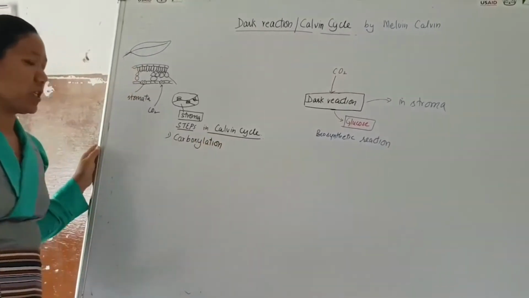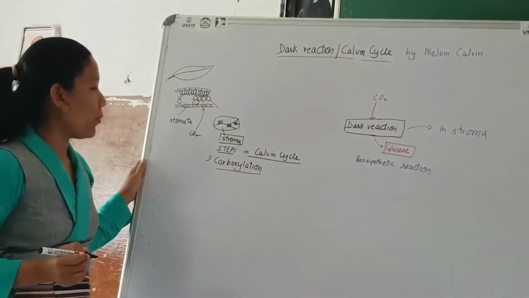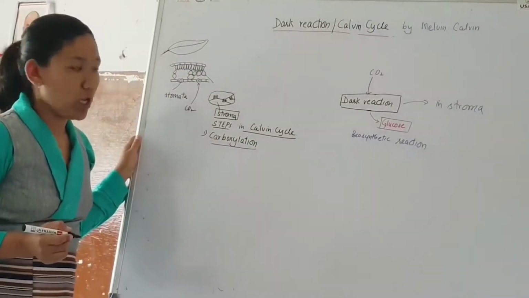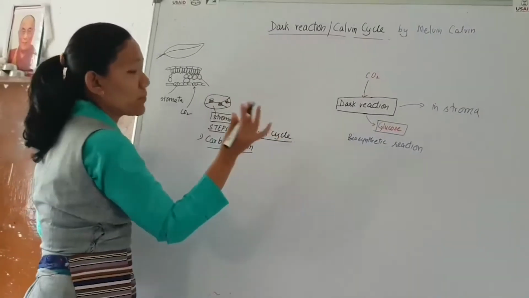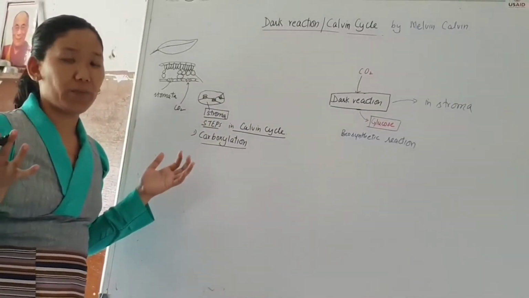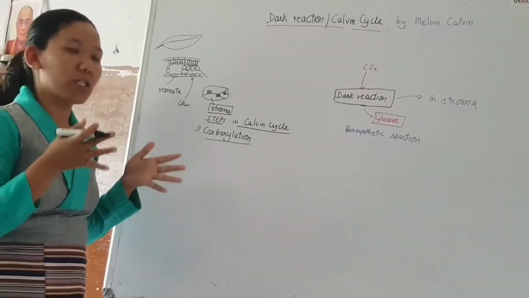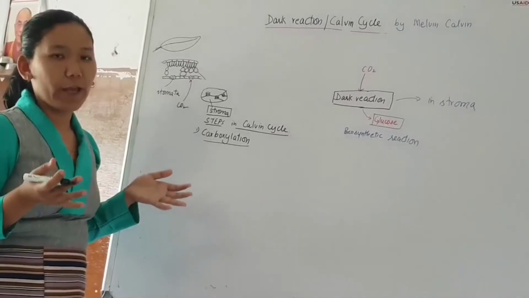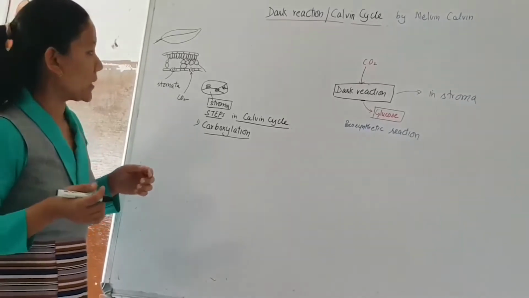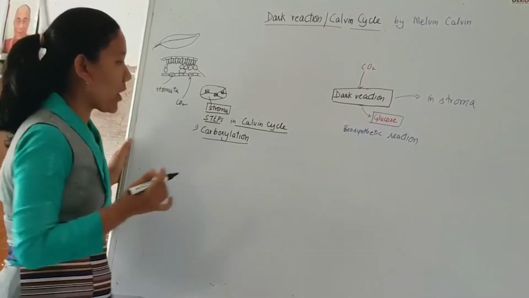Carboxylation is nothing but the fixation of carbon dioxide from the atmosphere. So, the plant must accept carbon dioxide. Now, who will accept? Of course, the green part of the plant, and the specific site is in the leaf, and in the leaf that is the chloroplast in the mesophyll. So carboxylation, that is fixation of carbon dioxide.